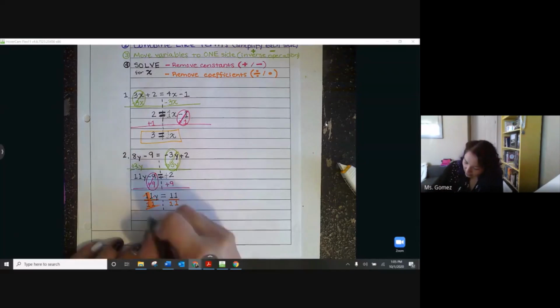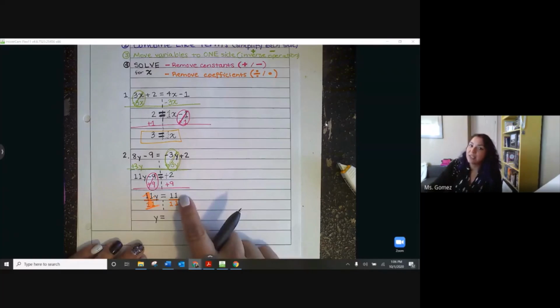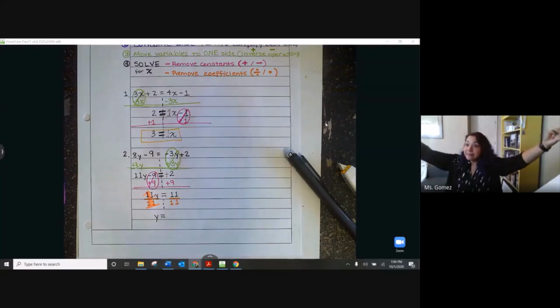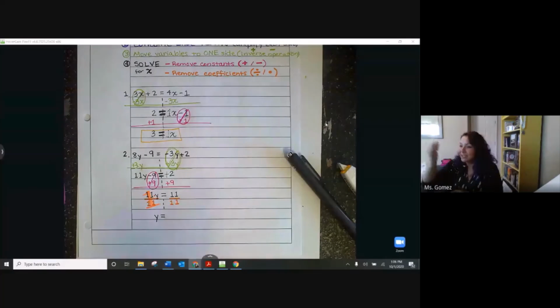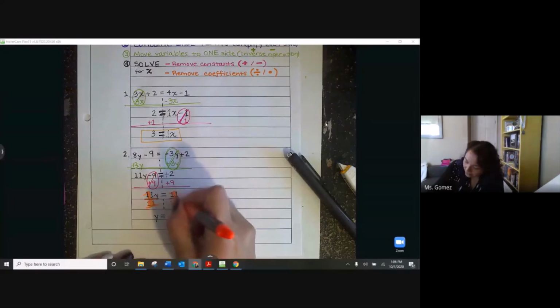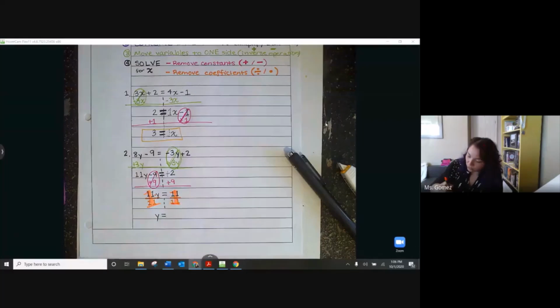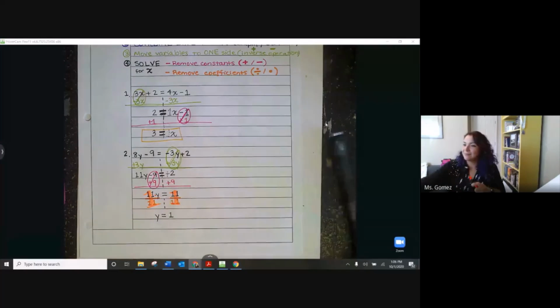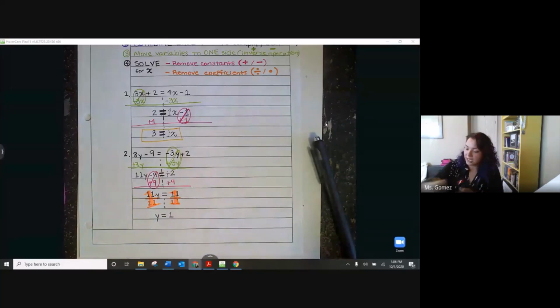Y. Thank you, Abigail. Now, again, we have 11 divided by 11. And what's 11 divided by 11? One. Thank you, Abigail. So my final answer would be y is equal, I was about to write that in highlighter, to 1. Muy bueno.